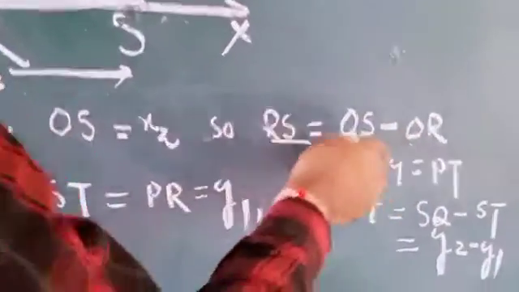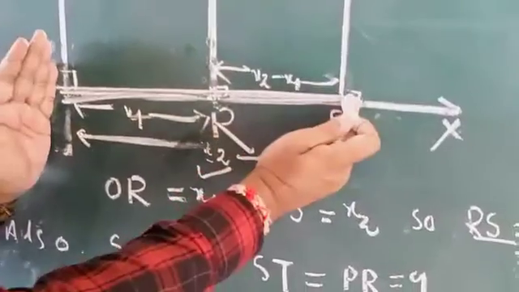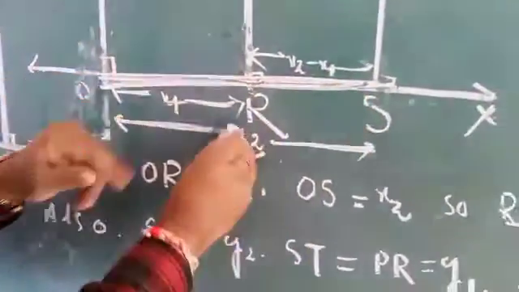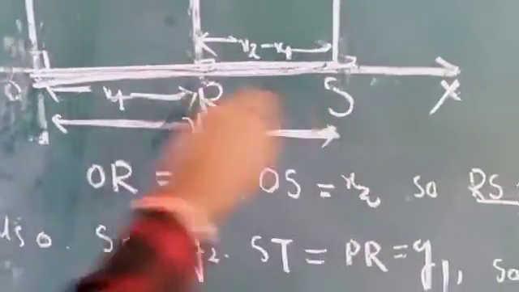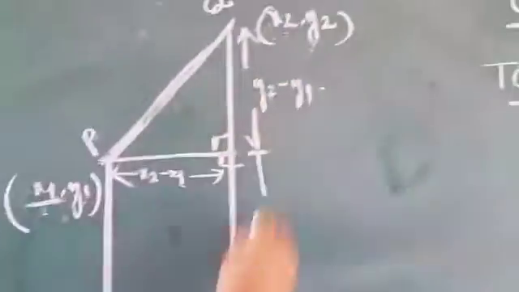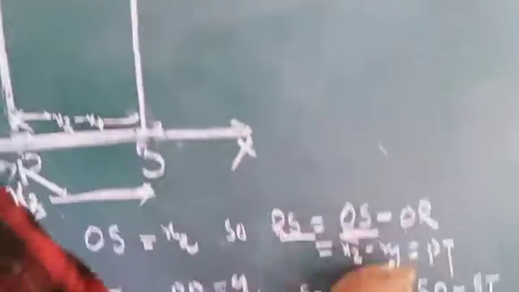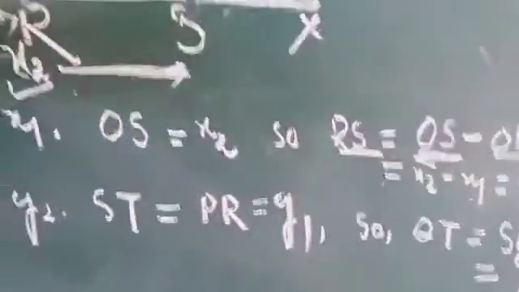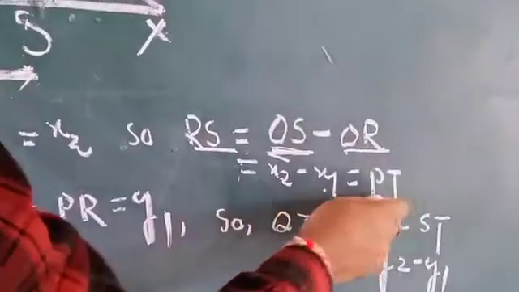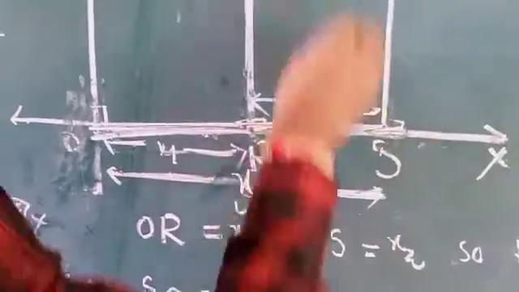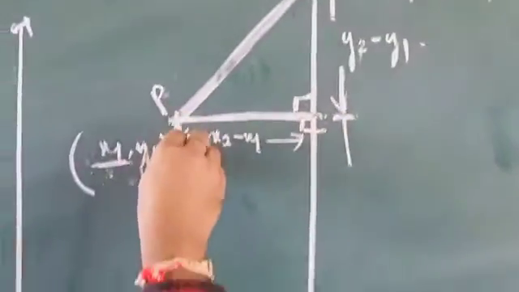What is OS? OS is x2, because this is x2. Minus OR, which is x1. So RS is x2 minus x1, and it is equal to PT also, because PRST is a rectangle.